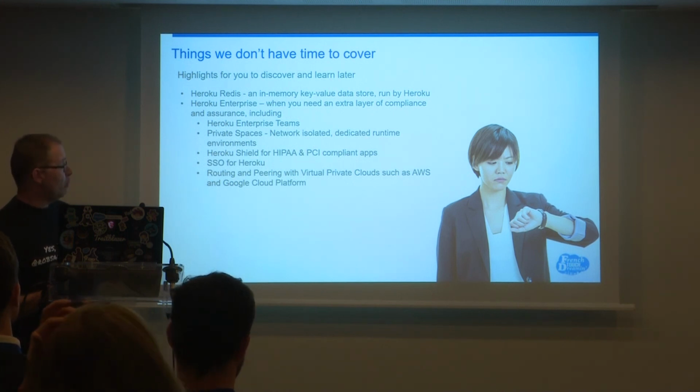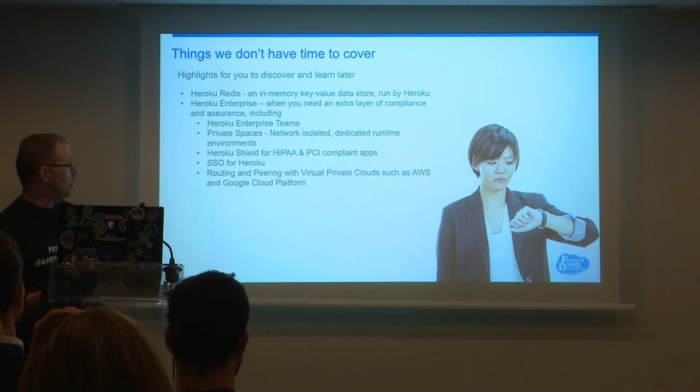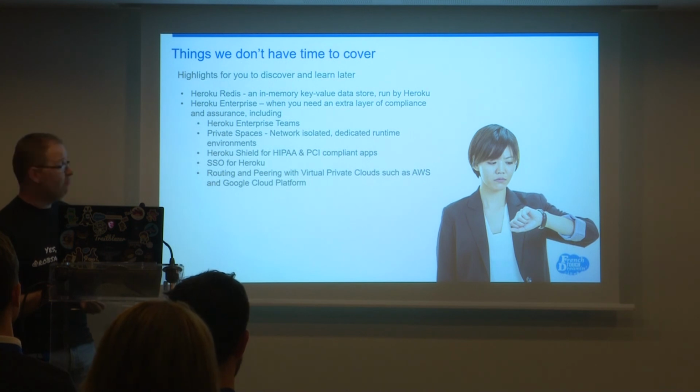Private Spaces for when you don't want to be out there on the public cloud and really want to lock it down to your specific IPs. Heroku Shield, which gives you that additional level of regulatory compliance in various industries. There's SSO, there's routing and peering with other clouds. So if you want to integrate with your existing AWS or Google Cloud Platform footprint within your business, that's also possible.